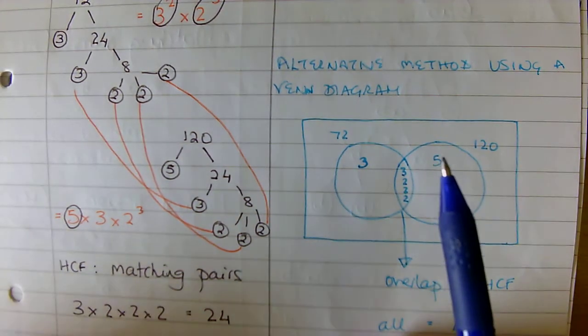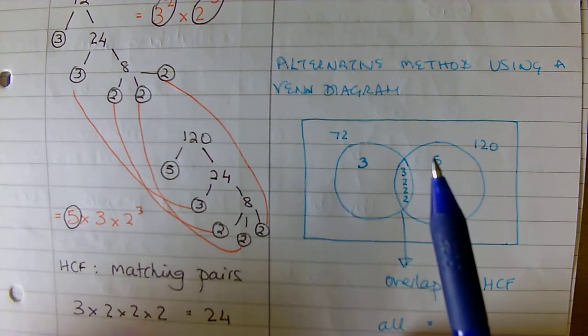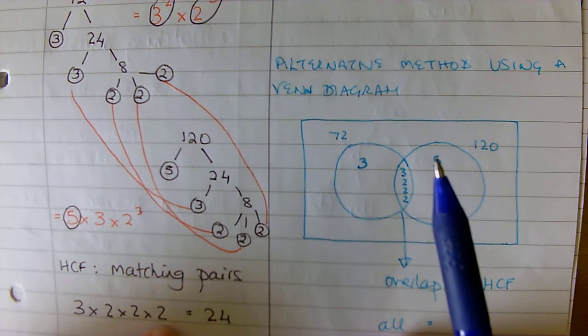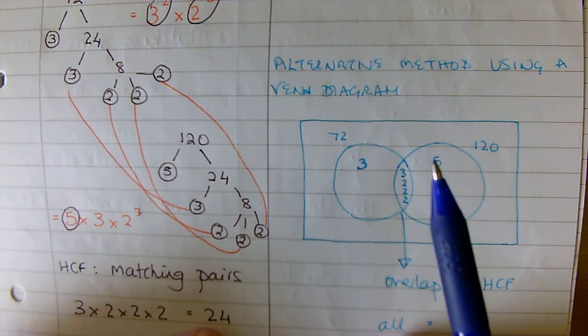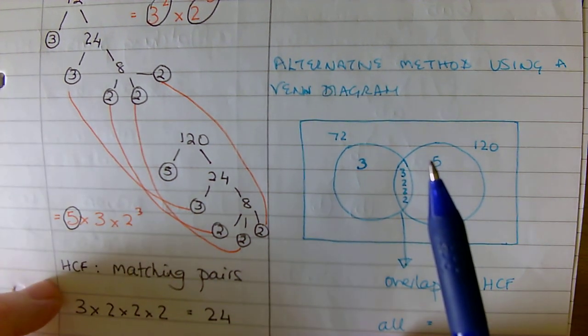So the matching pairs gives us a matching 3 and 3 sets of matching 2s, and when you multiply those all together you get 24. So 24 is the highest common factor of 72 and 120.